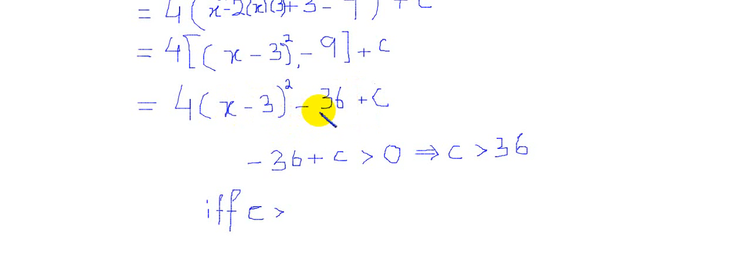There might be some numbers for which this function will be negative. So this implies that c must be greater than 36. So if c is greater than 36, then it also implies that minus 36 plus c is greater than 0. So the function is positive if and only if c is greater than 36.